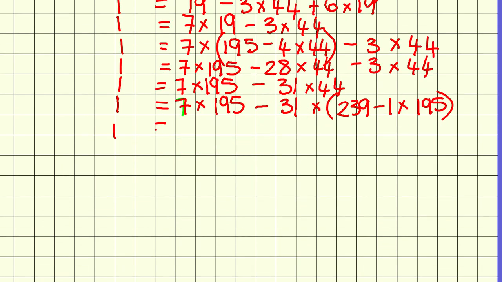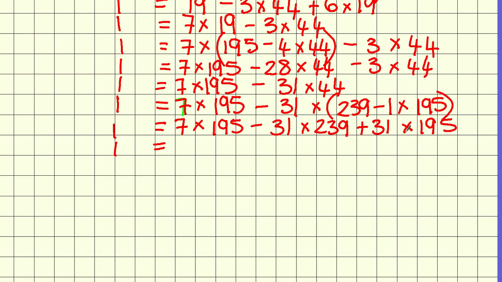Let's multiply out that bracket. Everything else stays the same. So I've got minus 31 times 239. Then I've got minus 31 lots of minus 1 times 195. So minus 31 times minus 1 just gives you plus 31 times 195.